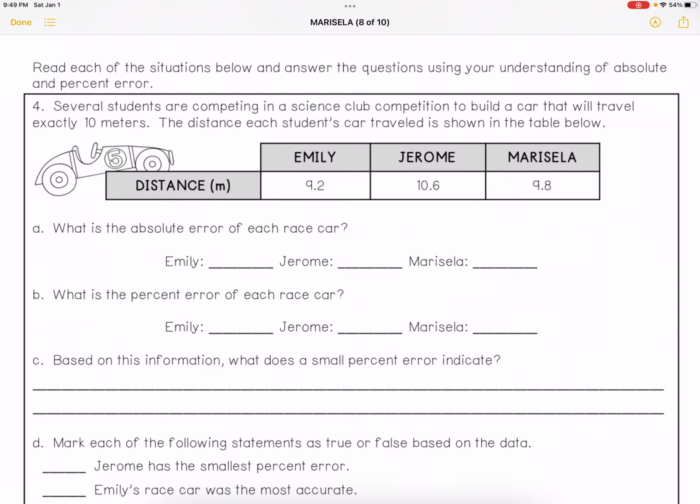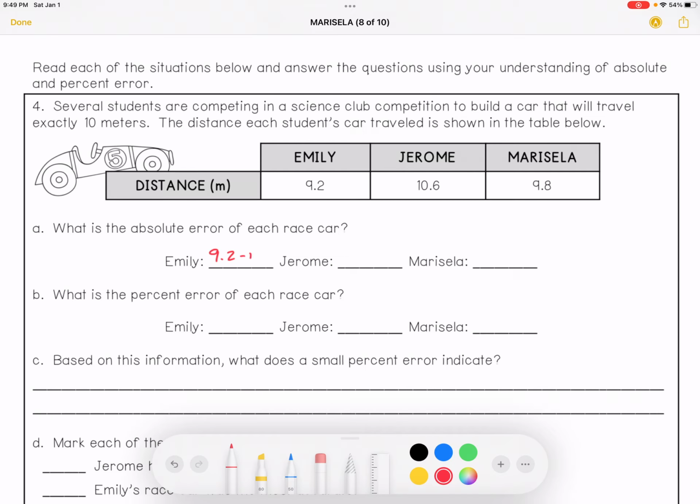Read each of the situations below and answer the questions using your understanding of absolute and percent error. Several students are competing in a science club competition to build a car that will travel exactly 10 meters. The distance each student's car traveled is shown in the table below. What is the absolute error of each race car? So Emily's is 9.2 minus 10, or negative 0.8, or 0.8.